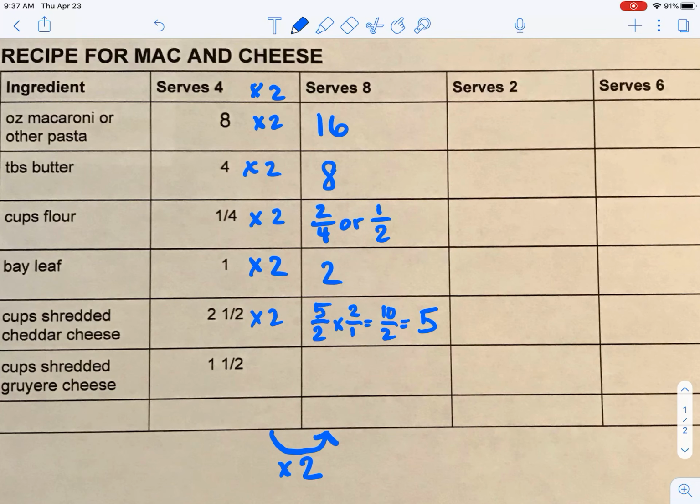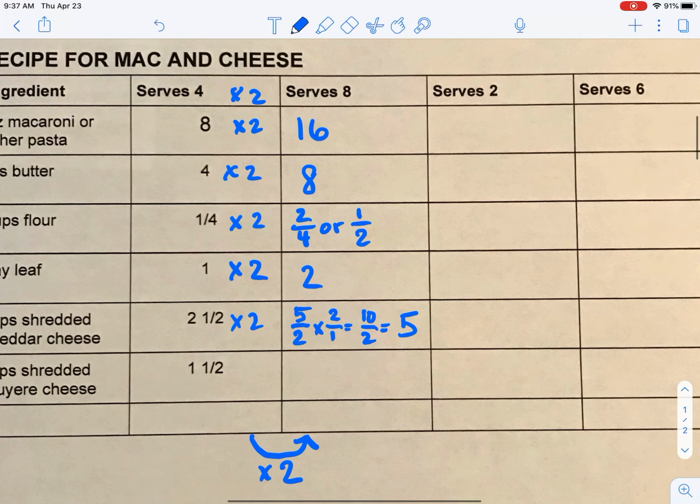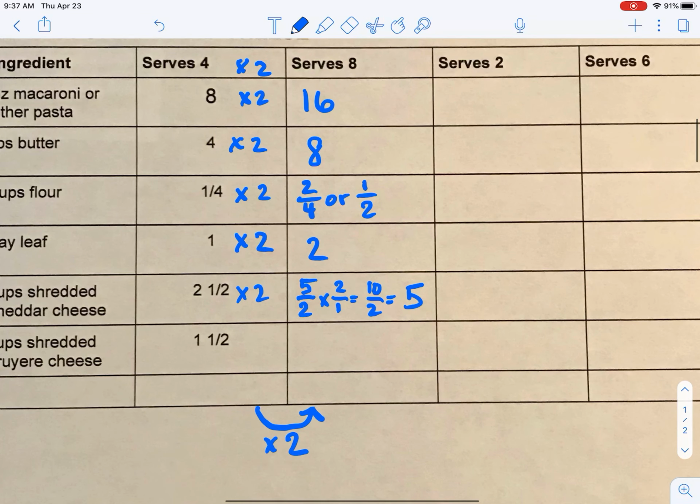So I would need 5 cups of shredded cheddar. And then for 1.5 cups of Gruyere, that would be 3/2 times 2 over 1, which would be 3 cups of Gruyere. Well, that's kind of convenient because now I have whole numbers to work with.